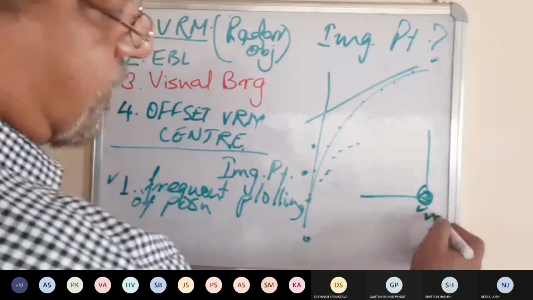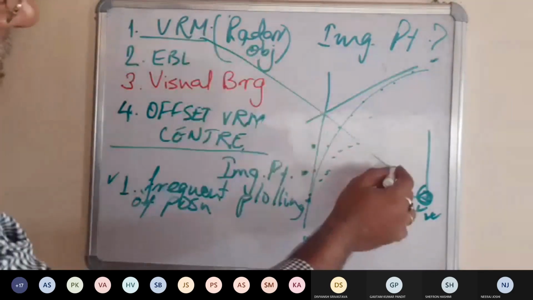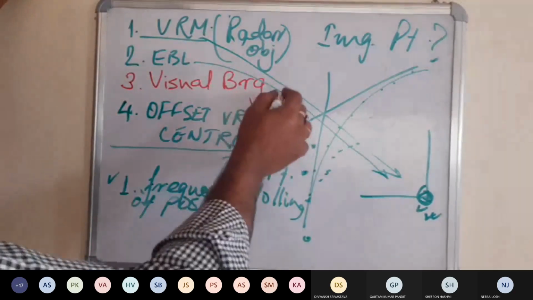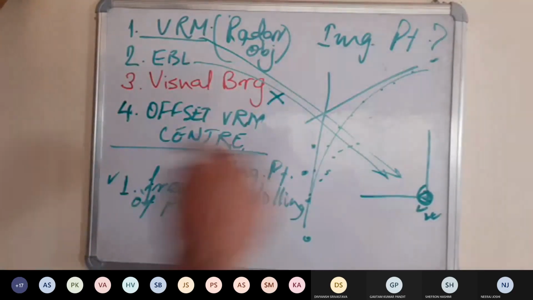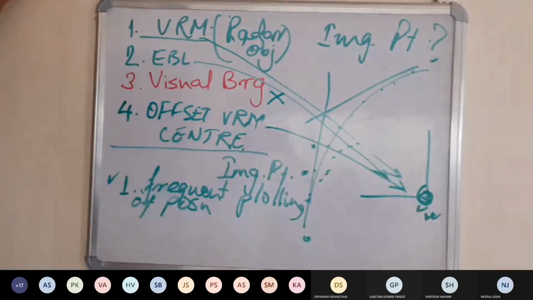Now since we have the visible object, I can use VRM, I can use EBL. Visual bearing I cannot use because I cannot see there. I can use offset VRM. Understood?